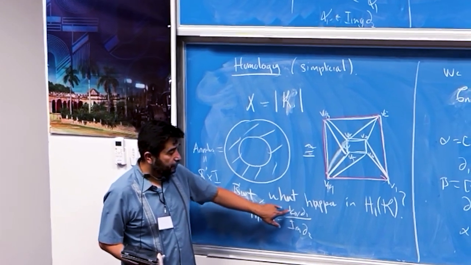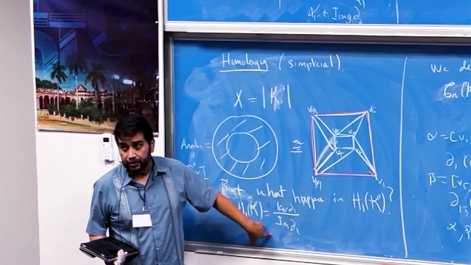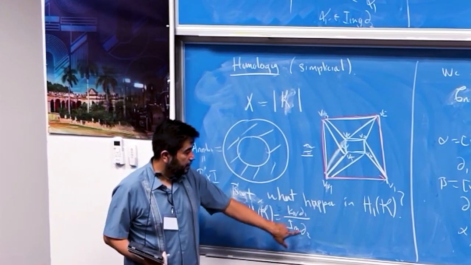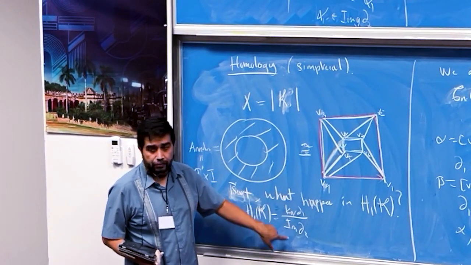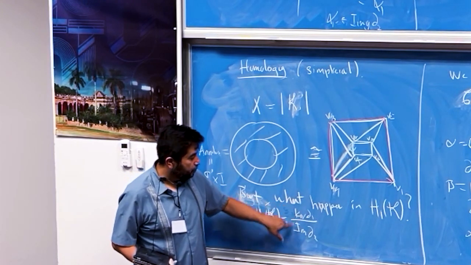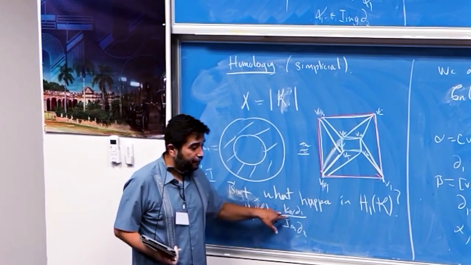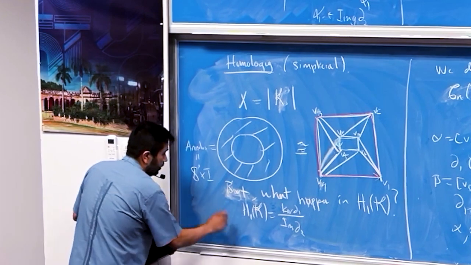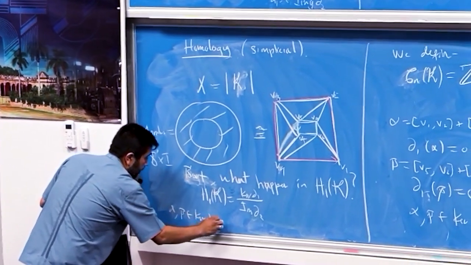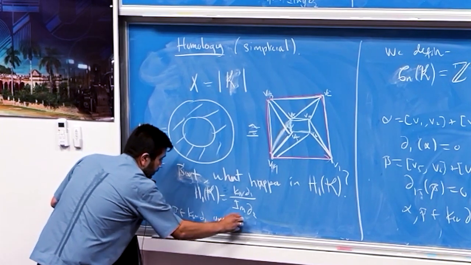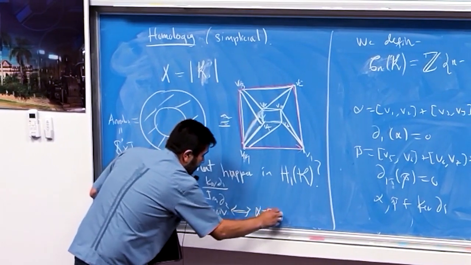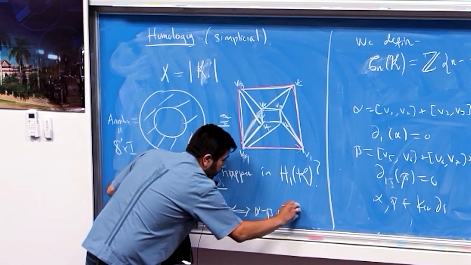How do we know if two elements are equivalent in this quotient? This is a group, and this is a subgroup, and we are taking the quotient. Two elements alpha and beta are equivalent if and only if alpha minus beta lives in the image of delta 2.